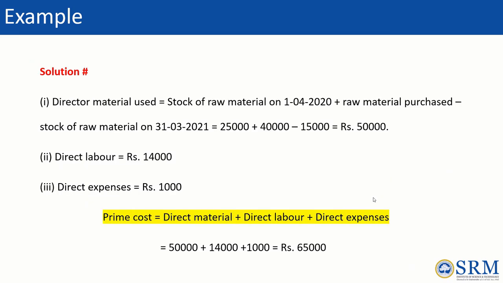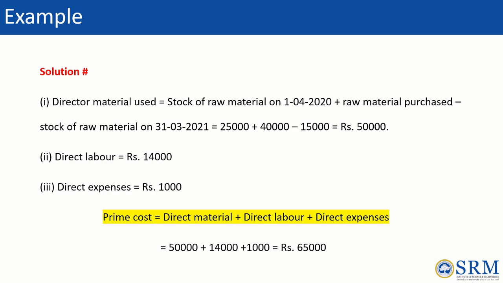So step 1 requires figuring out the exact value of the direct material consumed during the year. We calculate this by taking our starting material stocks, adding new purchases and subtracting our remaining stock at the close of the period. So 25,000 plus 40,000 minus 15,000 is equal to rupees 50,000.